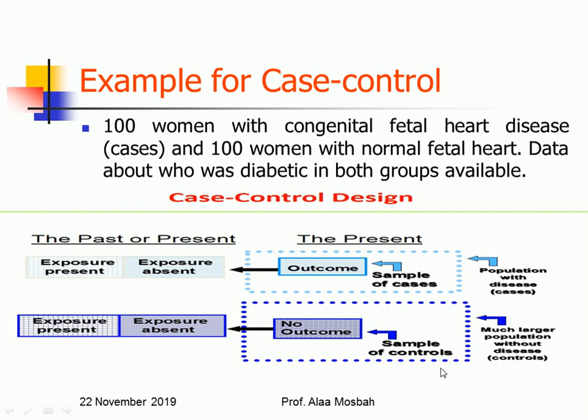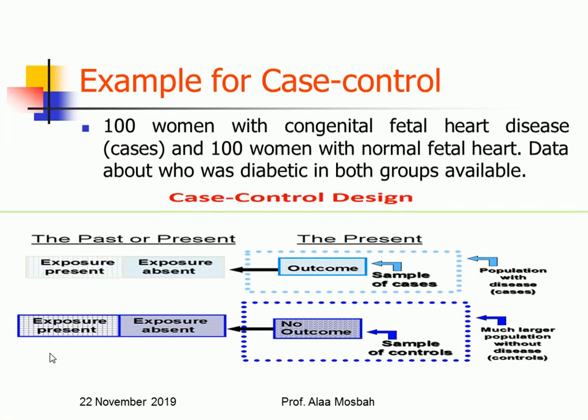For example, for case control study, if I take 100 women with congenital fetal heart disease and 100 women with normal fetal heart, then I'll search in both groups who was diabetic or not diabetic. So I know very well the outcome, which is congenital fetal heart.